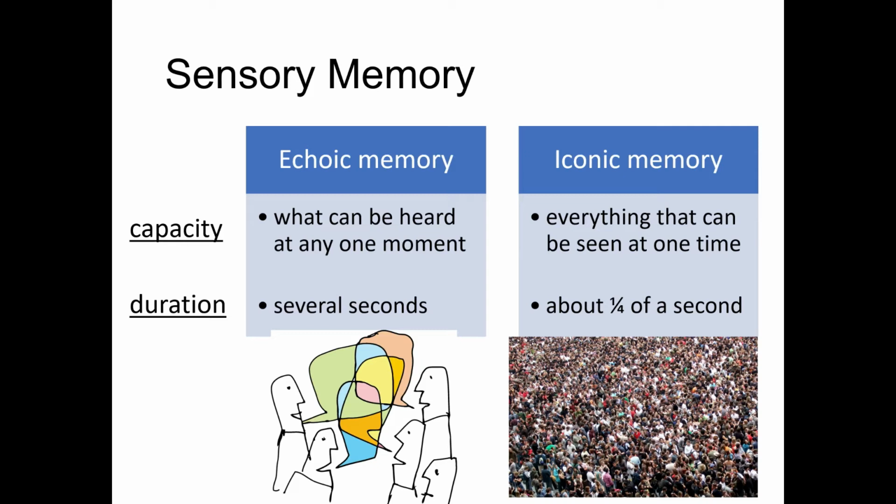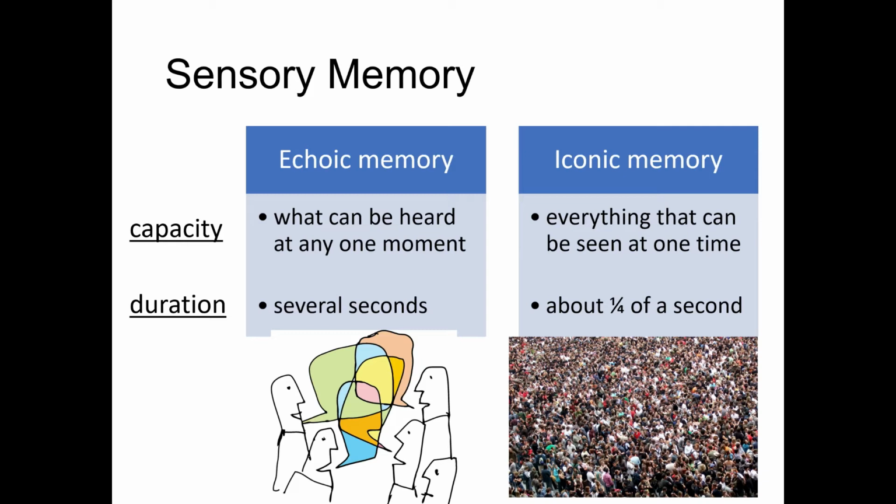For example, if you are like me, where multiple people begin to talk to me at once, then I can only understand one person, if at all. Which means that the only person I was able to listen to will go into my echoic memory, and unfortunately, whatever the other people said will not go into my echoic memory and will be gone immediately.